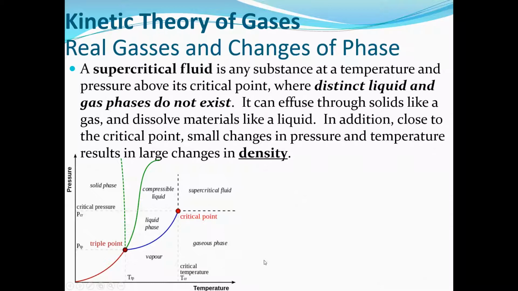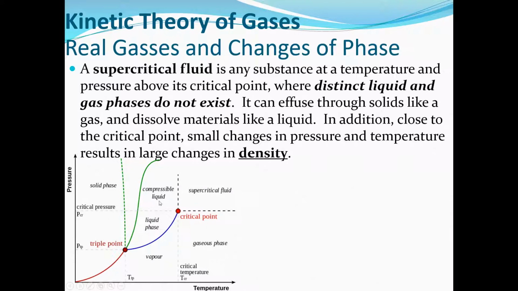All right, so there is one special substance. It's called a supercritical fluid. Basically, the temperature and the pressure end up being above this critical point, and we end up not getting a distinct liquid or gas phase. It kind of just all looks the same. So if we look here, this is supposed to be a typical graph.